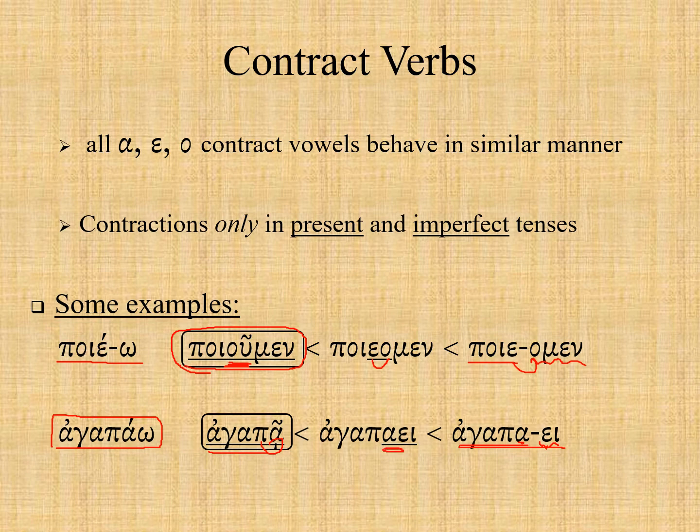What happens is that the epsilon contracts out and the iota ends up underneath, and it becomes agapa with the iota subscript, also with the circumflex accent. Now you don't need to know all of these subsections, obviously. The most important thing is to be able to recognize the vowel pattern and the verb, what the personal ending is, and the translation, of course.